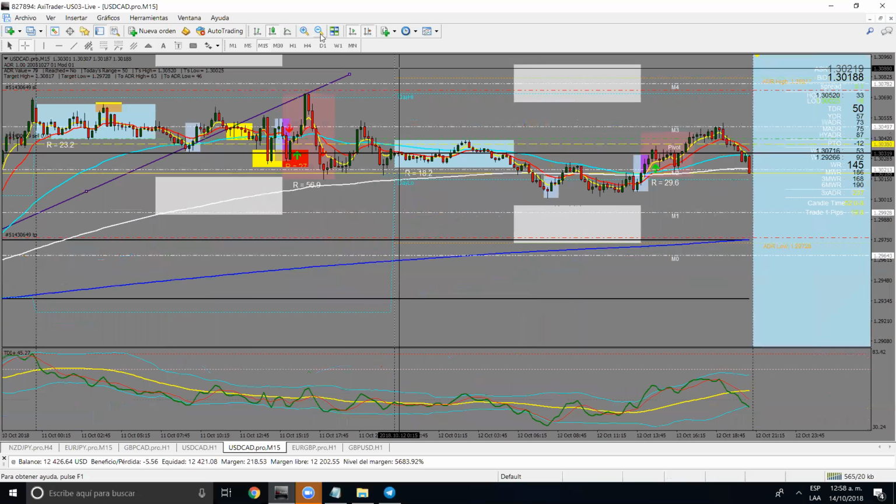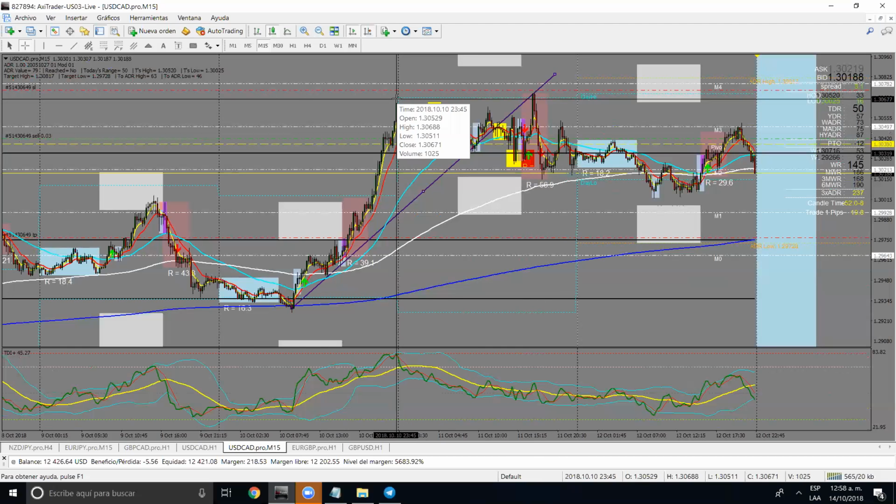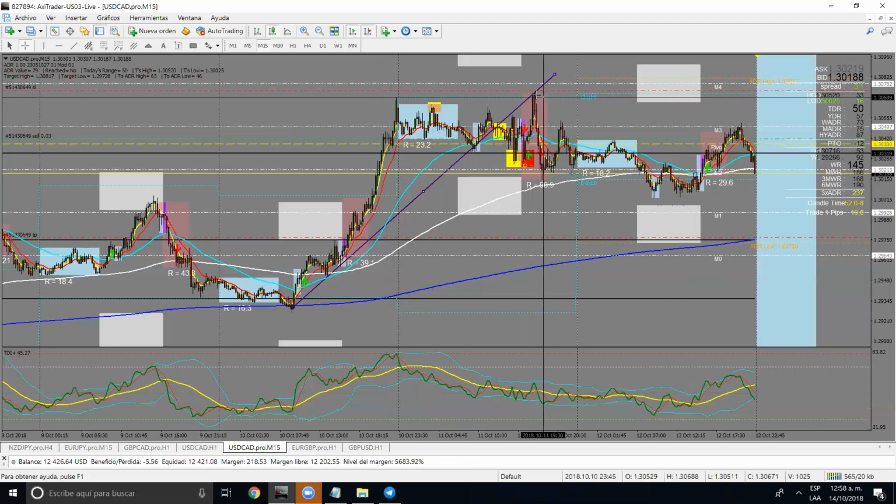You can watch the last video. And after that, the market goes up. It blows out and stops out all these people, and it reached the high of the day, HOD, this yellow line here.